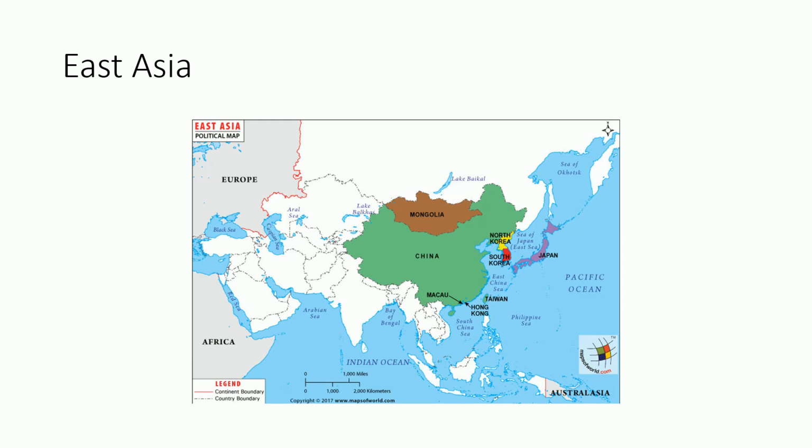Things like writing and gunpowder really came to be widespread in this area. But it's also the tragic story of colonization and their attempt to fight against the colonizing influence of Europe.